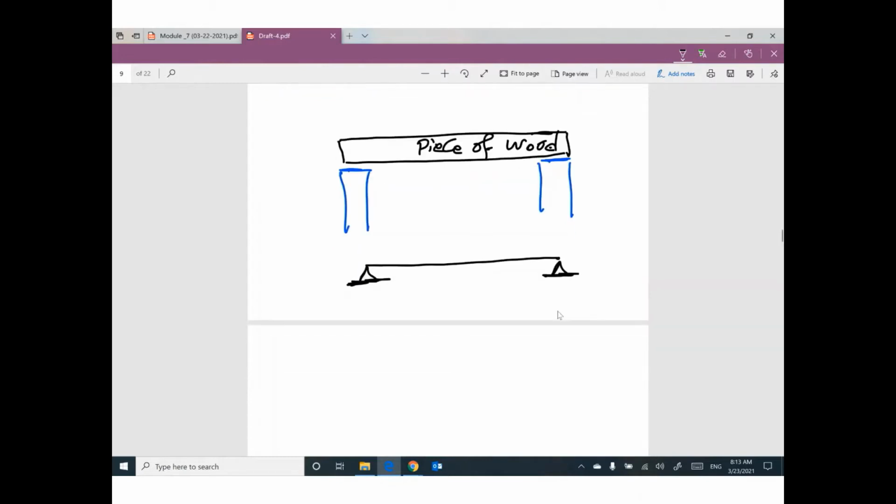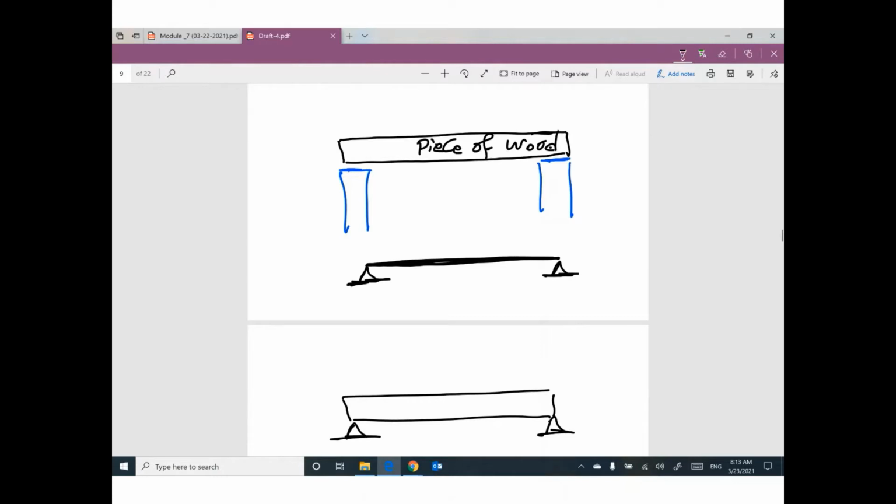Nothing will happen. This line is a straight line, because we don't have anything.